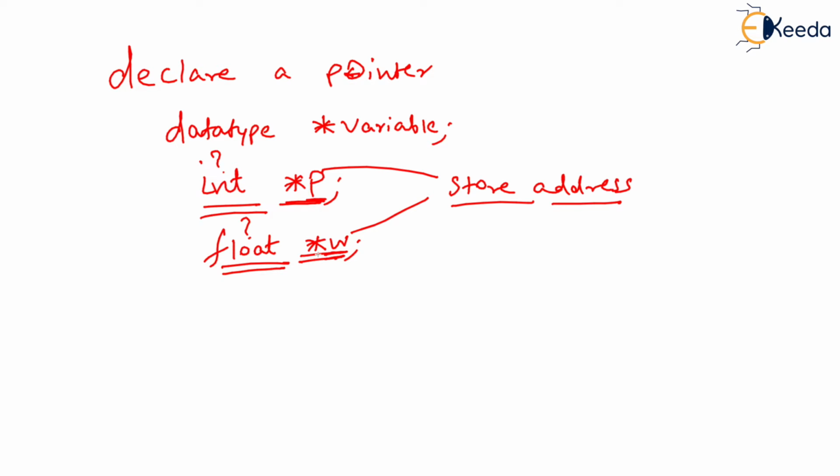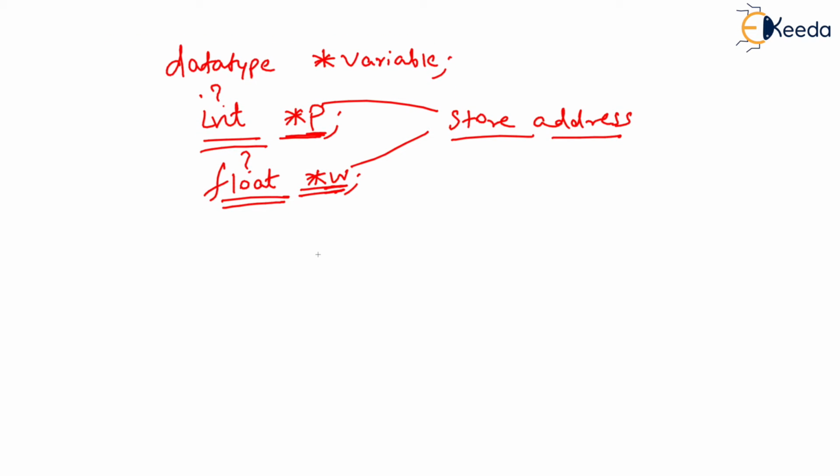Now to understand data type of a pointer, you have to also realize that whenever you store any integer in memory, let's say you store 10 or 20 or 55, some integer, then it occupies 2 bytes of memory.